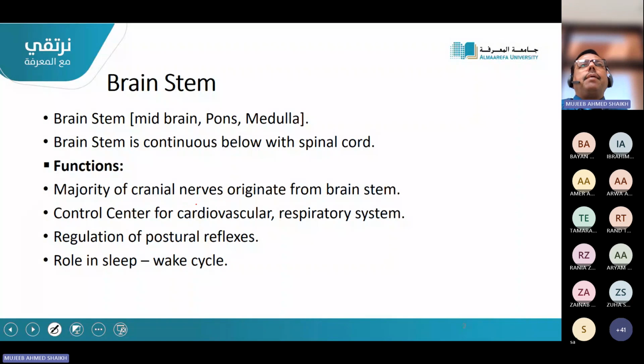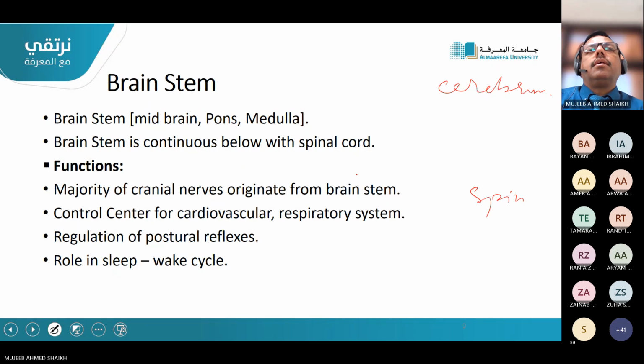Then comes the brain stem, the connecting part, the part which is below the cerebrum and above the spinal cord. You will have the cerebrum here, and you have the spinal cord here, and in between, you will have the brain stem. What does it contain?